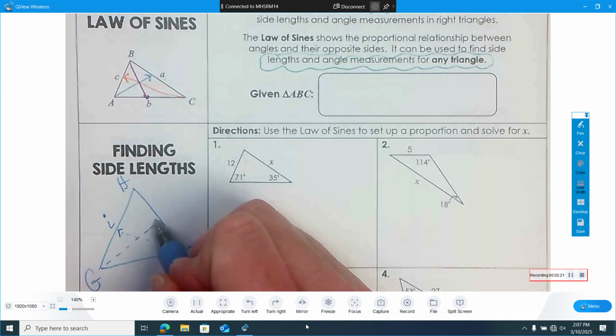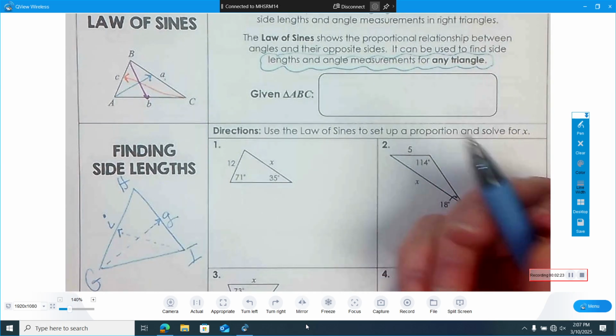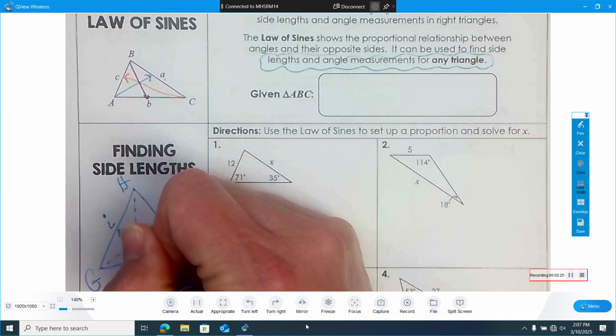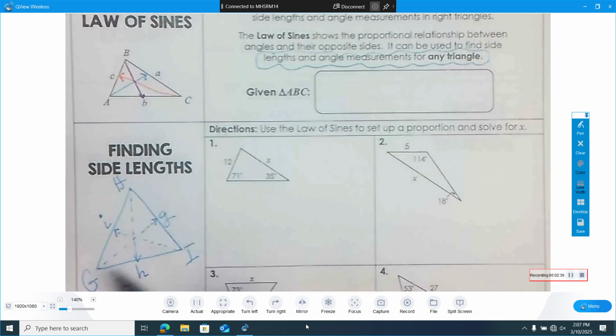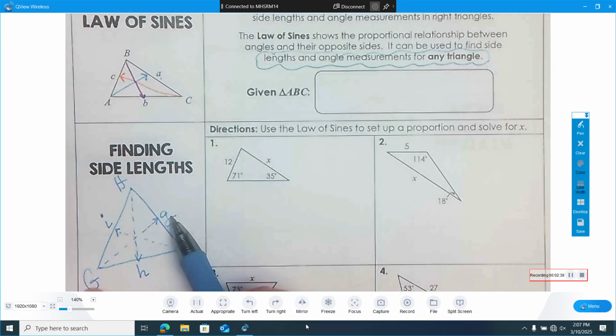Opposite angle G is lowercase g, and opposite angle H is lowercase h. And so just keep that in mind. All your triangles are going to have lots of different letters, okay? And I encourage you to draw a picture. But you always have your angle and opposite side, uppercase, lowercase, okay?